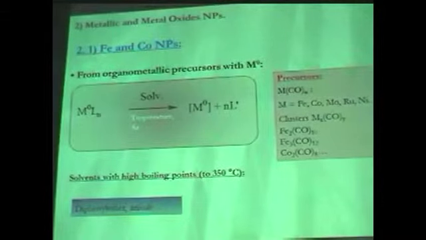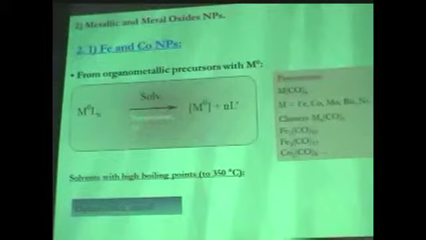So, the second example is the synthesis of metal oxide nanoparticles, especially focusing on the synthesis of magnetic metal oxide nanoparticles. The first example is the iron and cobalt nanoparticles.